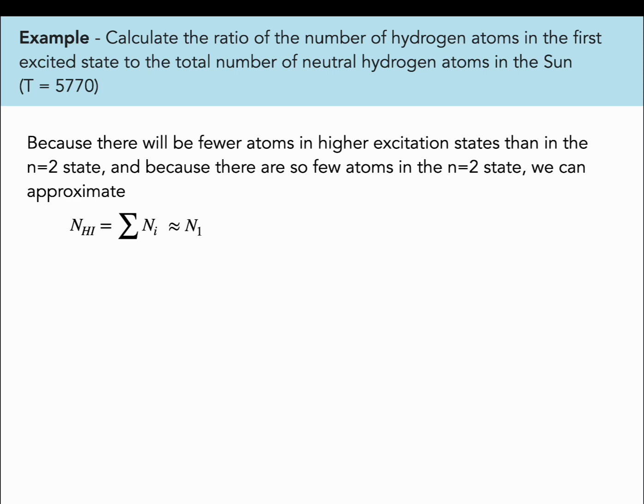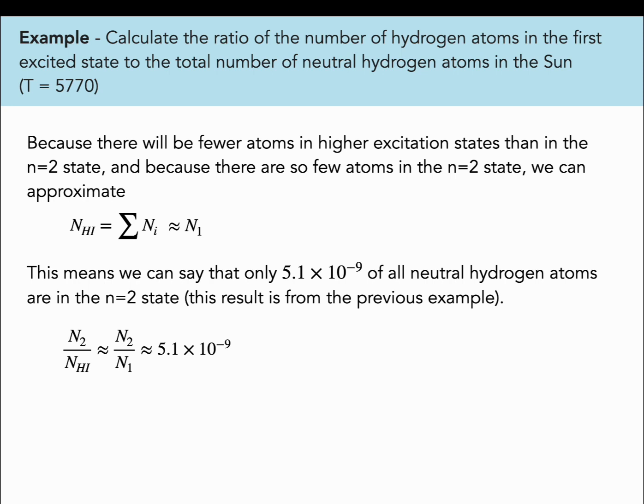So we can approximate that the number of neutral hydrogen atoms, which is really the sum over all the excitation states, so the number in the ground state plus the first excited state plus ..., you can really just throw out all of those higher terms and replace it with the number in the ground state for the sun. You can't do this approximation when you go to hotter stars, but for the sun this works.